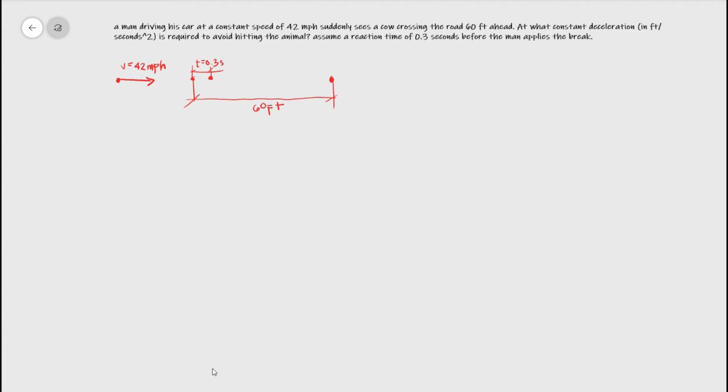From this point to this point is his braking distance.